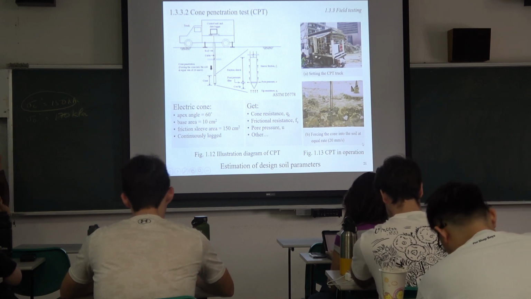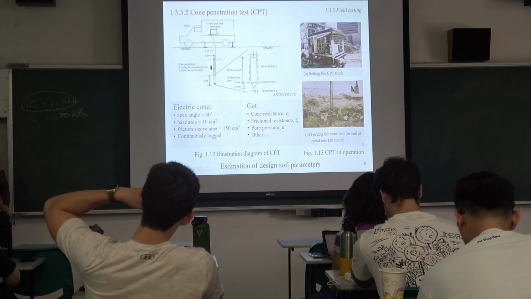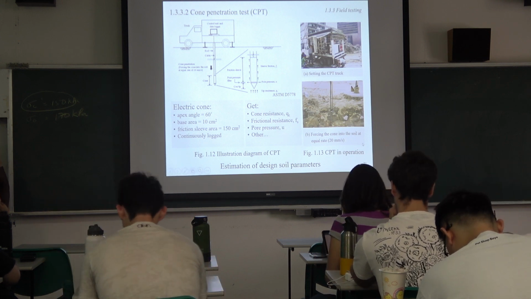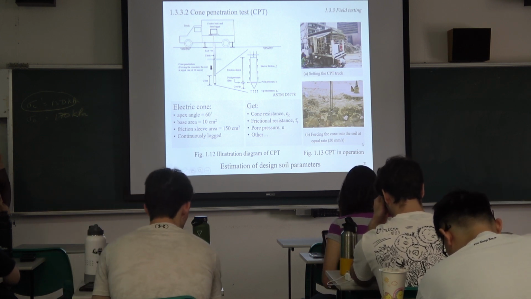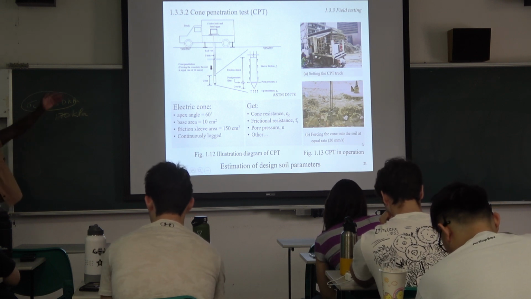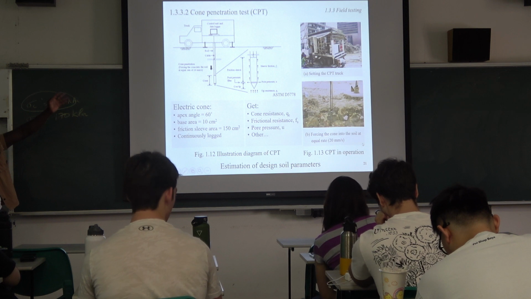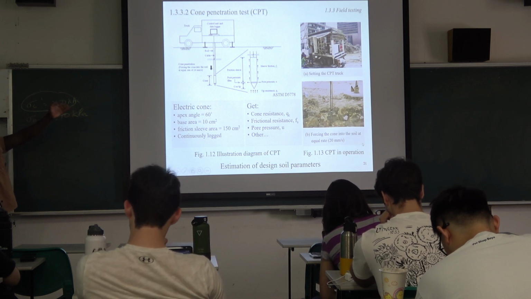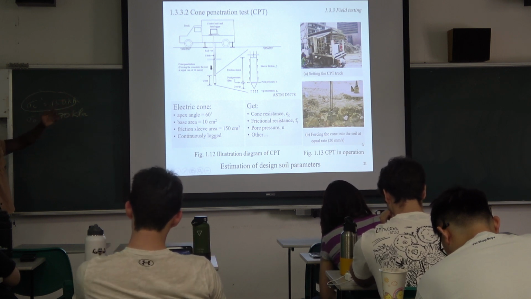For example, when we design the footings, the ultimate bearing capacity is based on the C and the phi, or maybe the undrained shear strength, right? So if you do these explorations, they will give you that data, and from there you can proceed to do the design.